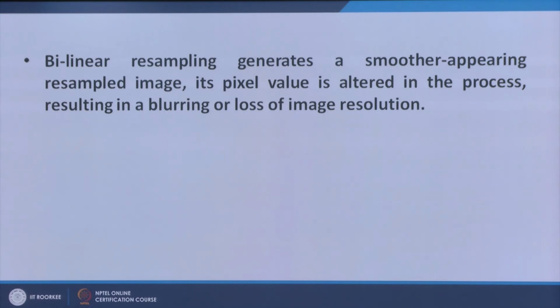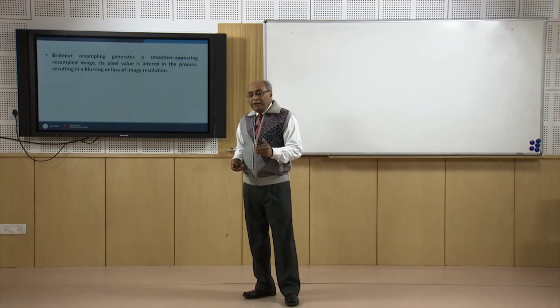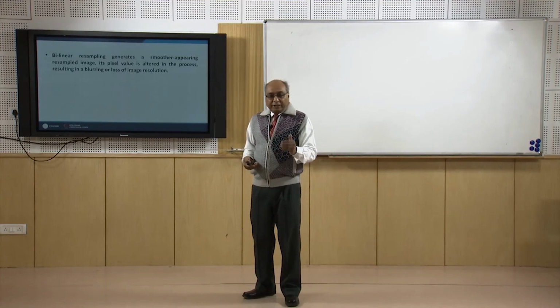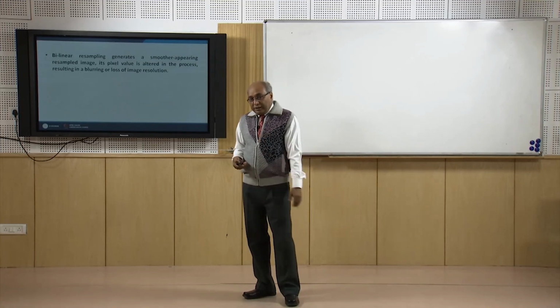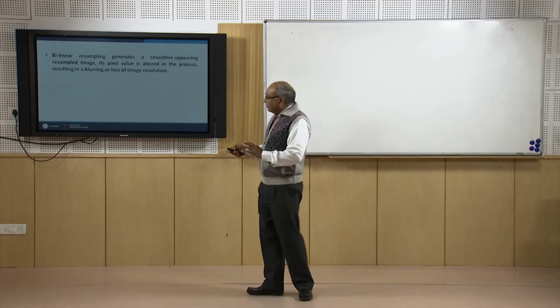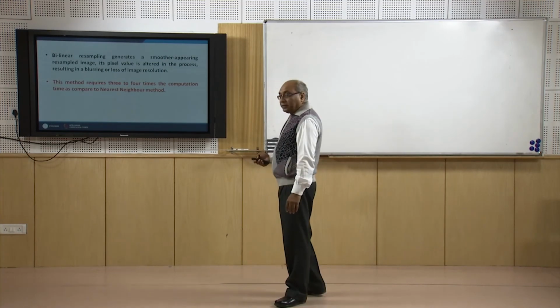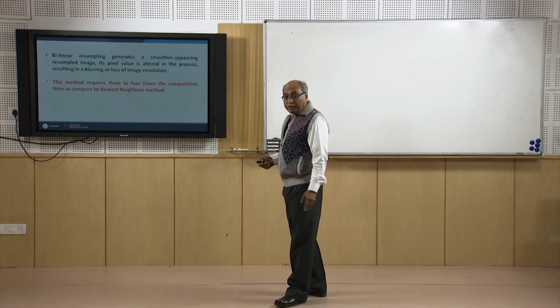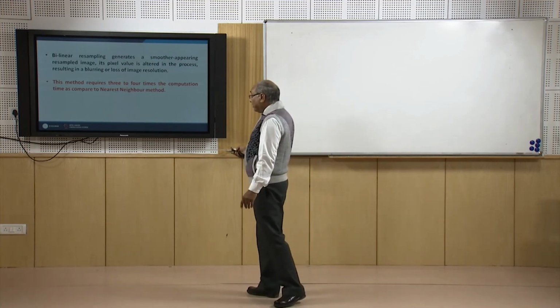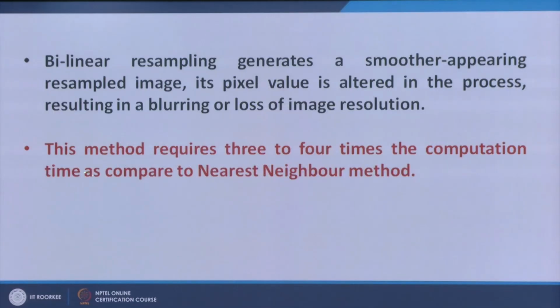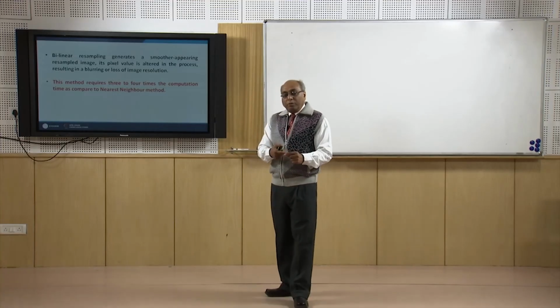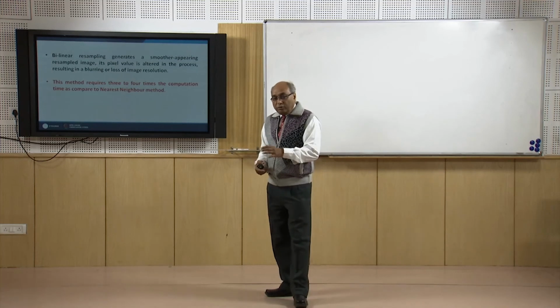So as I mentioned, if you are looking for very accurate image classification, then perhaps nearest neighbor might be good. Even bilinear can work, but cubic convolution may not give that kind of good results, though it will have a very smooth appearance. And this method requires 3 to 4 times the computation time compared to nearest, because in the nearest method once the maximum overlap pixel is found, that value is assigned, no calculation.